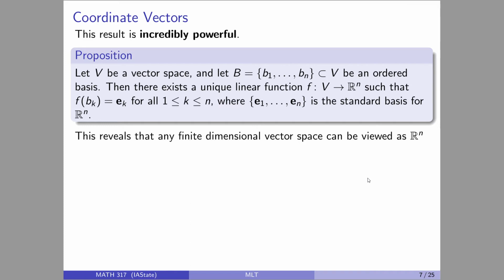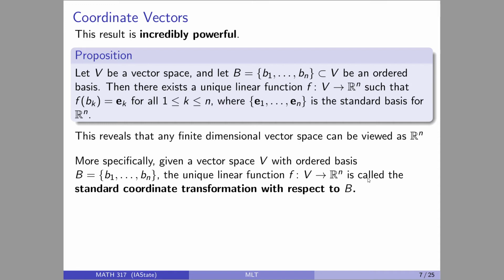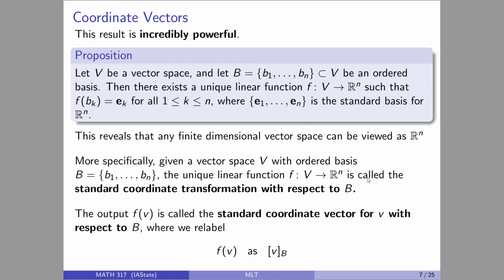And we can formalize this even more explicitly, because given a vector space with the ordered basis, this unique linear transform usually gets a name. What I'm going to call it is the standard coordinate transformation with respect to the basis B. Because this tells you that if I take an element, its output, f of y, lives in Rn.